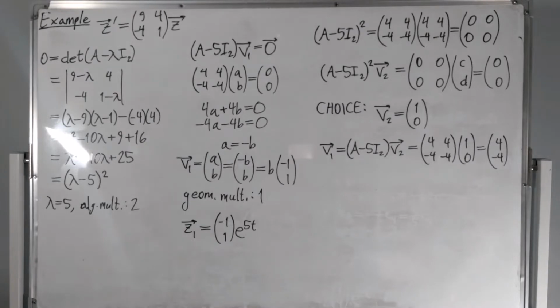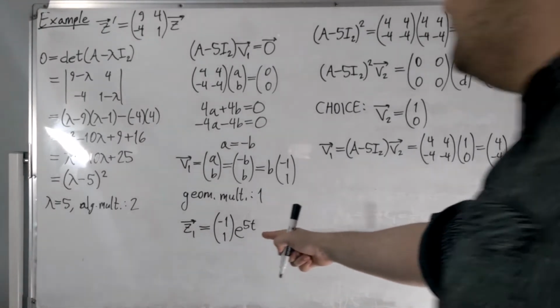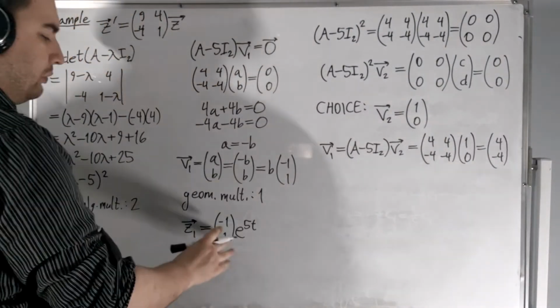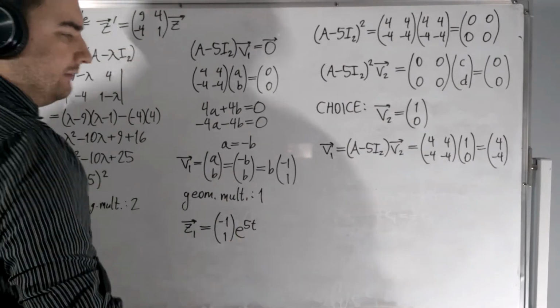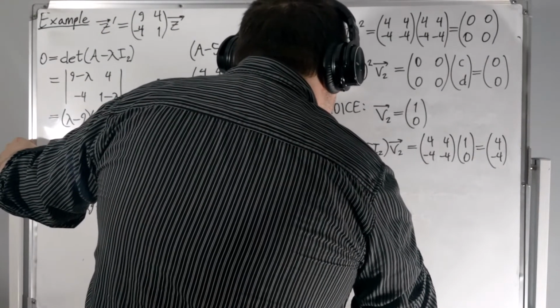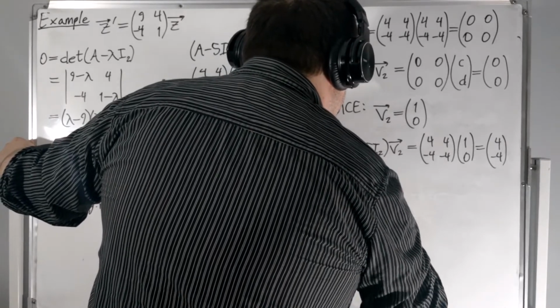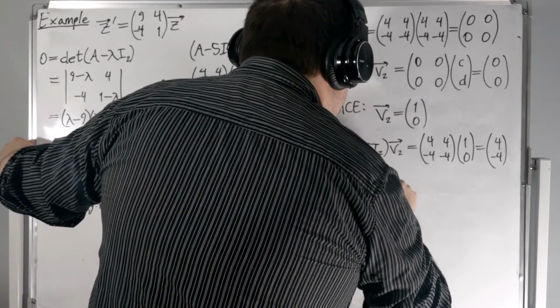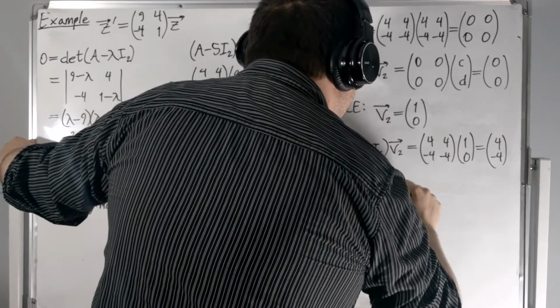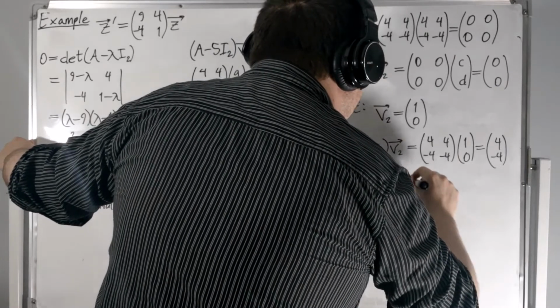And that's what we need to construct the general solution. So the first basis solution is just v1 e to the lambda t, right? The second basis solution is a little bit weirder. It's v1 t plus v2 times e to the lambda t.